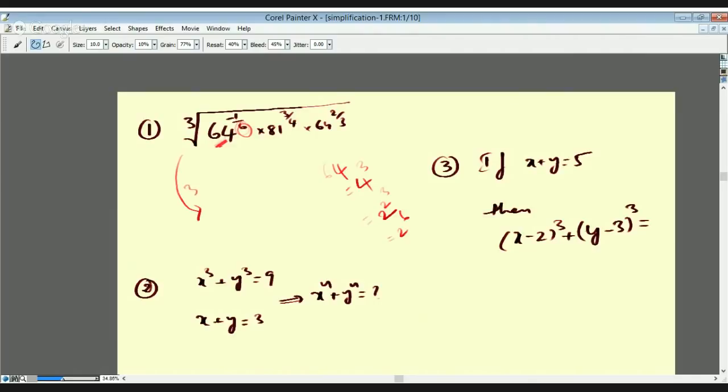So cube root of 2 power 6 and whole to the power of minus 1 by 6. And 81, you know that it is 3 power 4 whole to the power of 3 by 4. And you know that 64 is nothing but 4 cube, whole to the power of 2 by 3. So friends, 3 will cancel, 4 will cancel, and 6 will cancel.